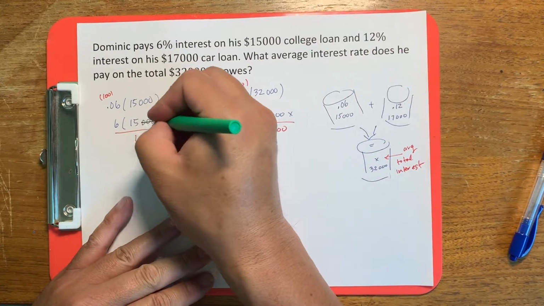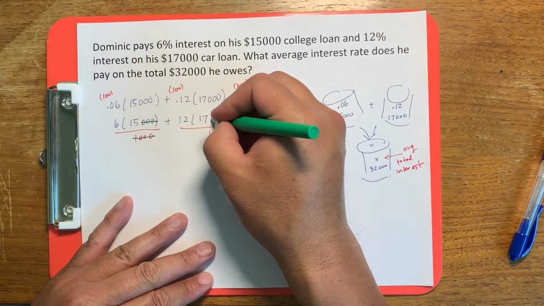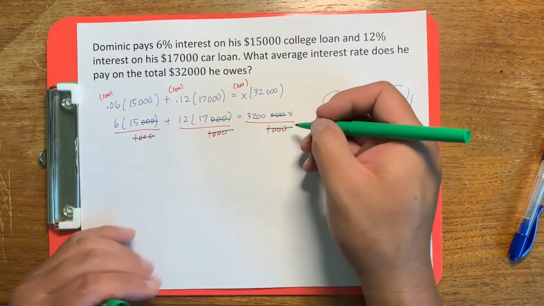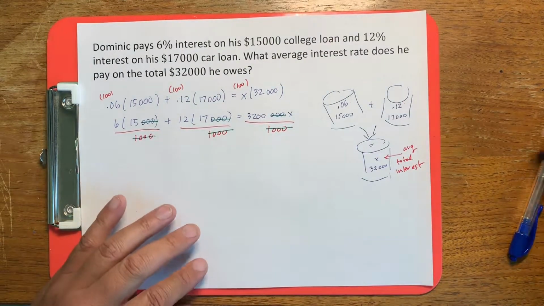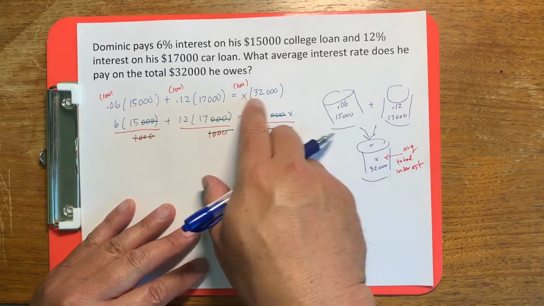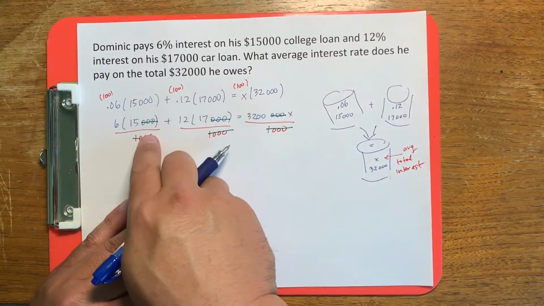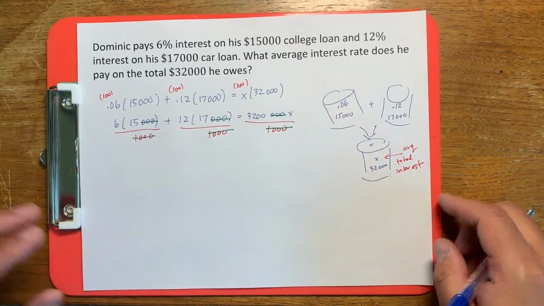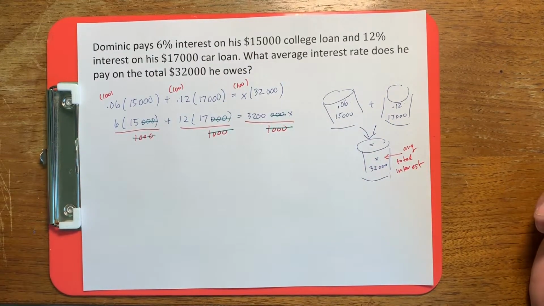This 1,000 will knock out that. This 1,000 will knock out that. And this 1,000 will knock out that. So just like over here where we multiply 100 to get rid of the decimal, we can divide each term by the same number to get rid of confusing extra zeros.